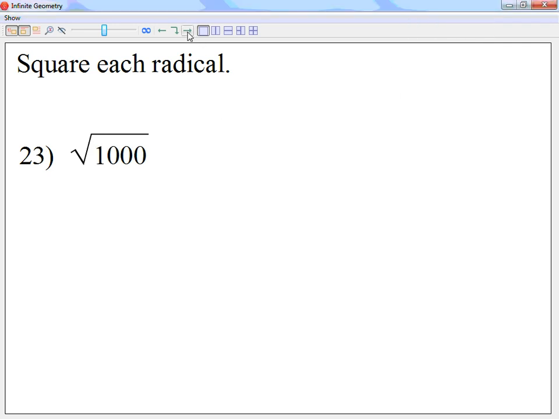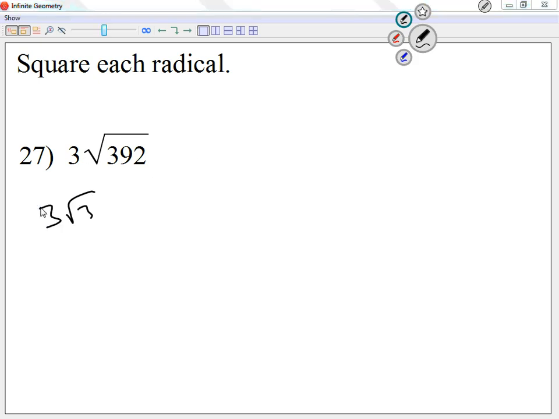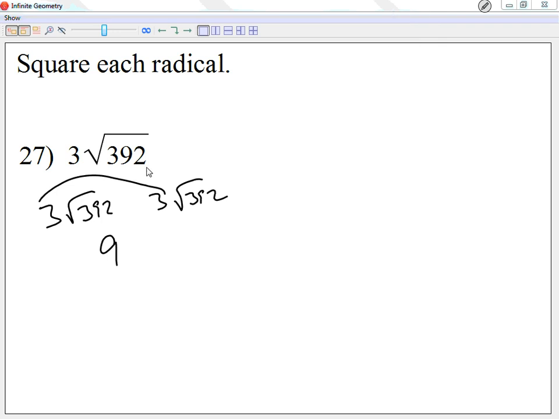I want to say up until number 26, they're simple. But now, number 27, when I multiply this, 3 radical 392 times 3 radical 392, when I multiply my big numbers, 3 times 3, I know I get 9. Radical 392 times radical 392, I'm going to get 392.